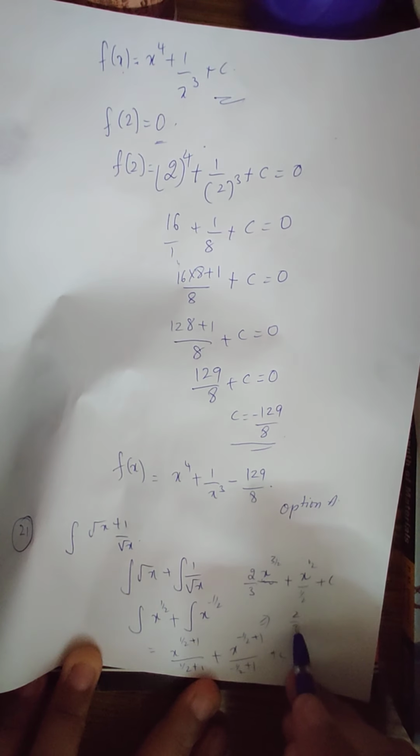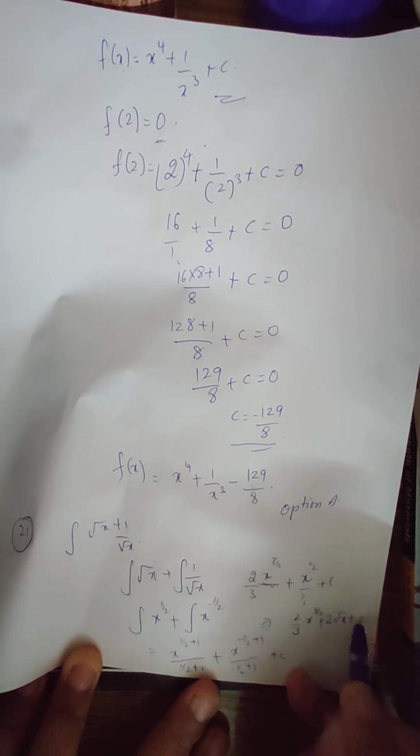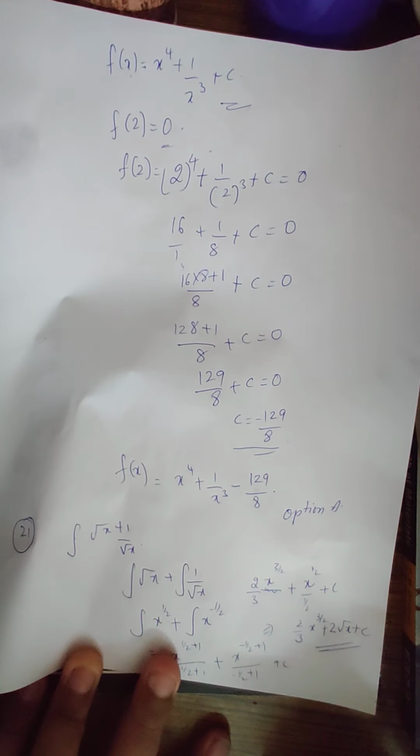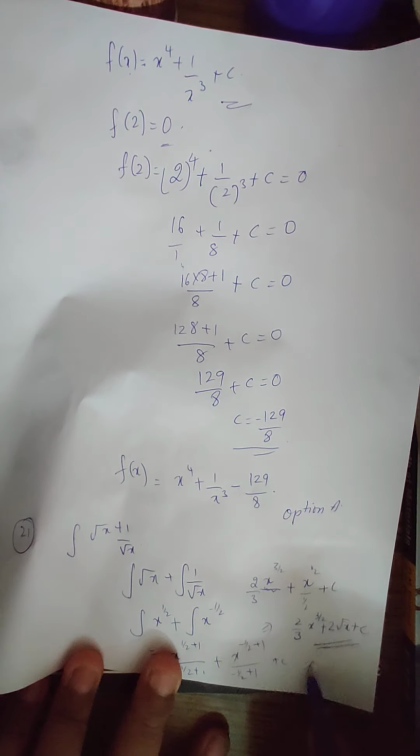This will be 2 by 3 x to the power of 3 by 2 plus 2 root x plus c. So the answer is 2 by 3 x to the power of 3 by 2 plus 2 root x plus c. When we check, the option which matches is option C.